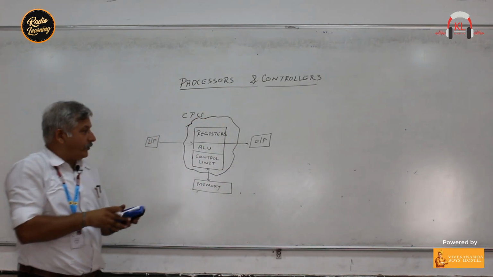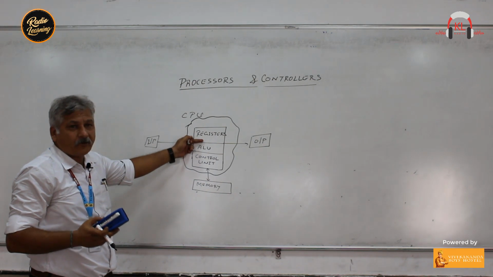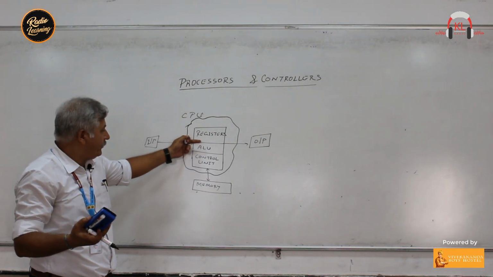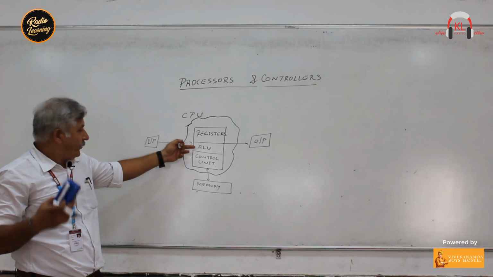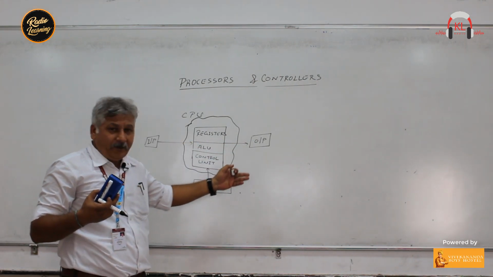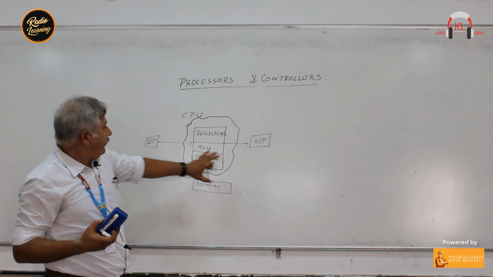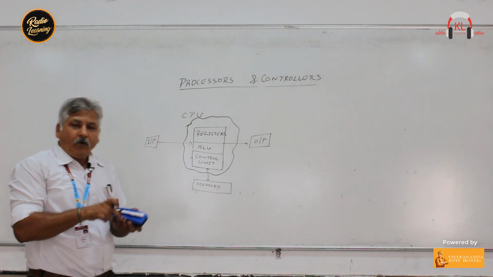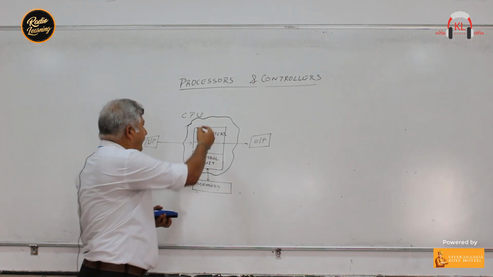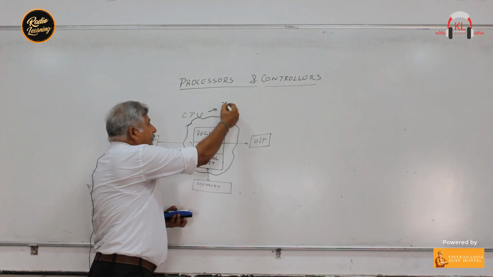Inside this central processing unit, we have registers which are used to store your data, an ALU, arithmetic and logical unit, which is used to perform arithmetic and logical operations, and a control unit. When the whole of this central processing unit is fabricated over a single integrated circuit, then this CPU is called a microprocessor, right?